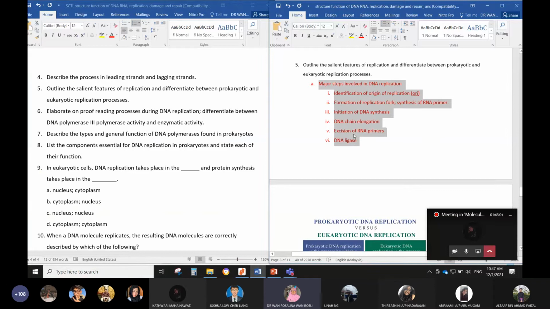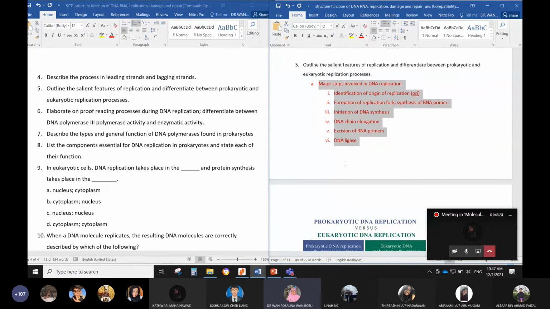First, it would identify where to start. And then after it opens up that section, it would put in an RNA primer by the primase, because your polymerase cannot do from nothing. So it has to add on to the RNA primer.